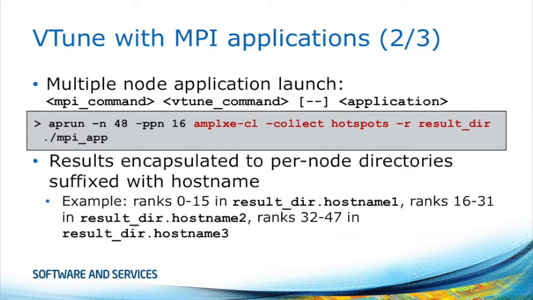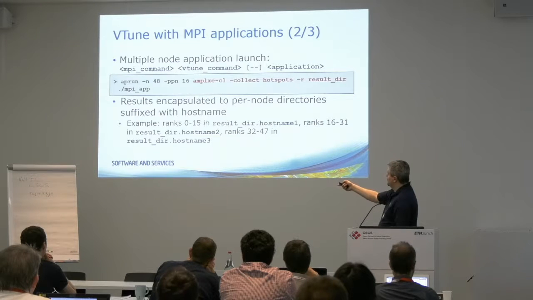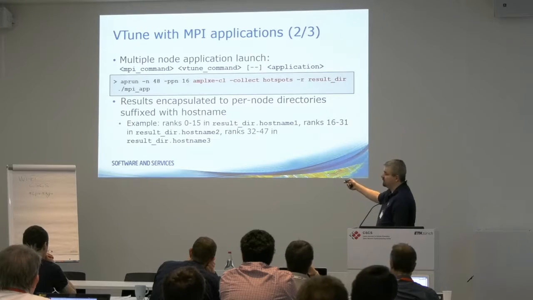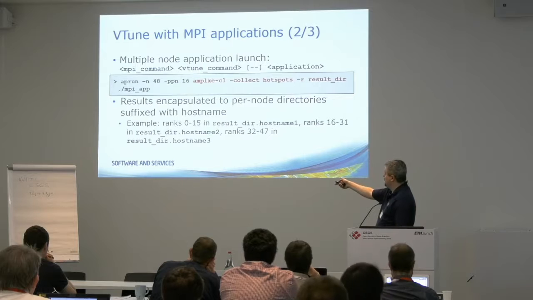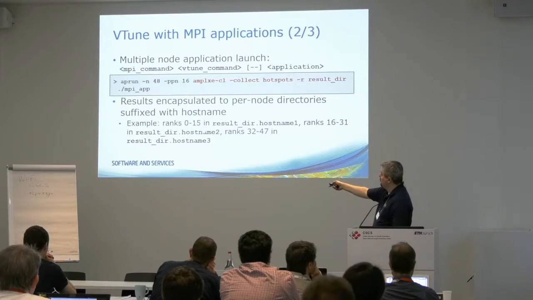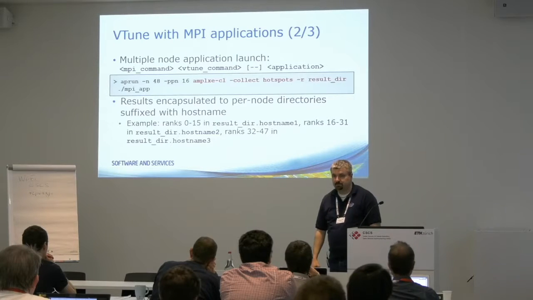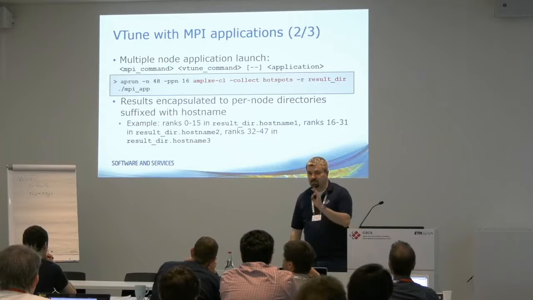Now we are running 48 instances of the tool, 16 on each node, and what you will get is 4 result directories, one per host name: one for the first node, one for the second node, and one for the third node, and each of the results will collect the performance results of 16 of your MPI ranks. All right? Do you see the difference?